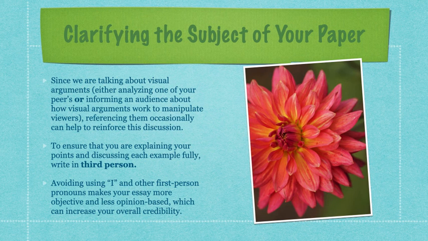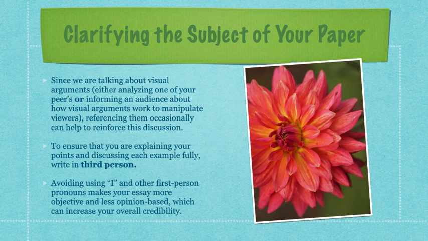So really, make sure that visual arguments, or the specific visual argument you're analyzing, is always the subject of your thesis and the subject of your topic sentences as well. And then as you're presenting examples and discussing them, you're reconnecting to that subject by referencing it occasionally.